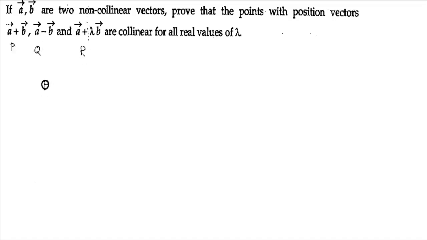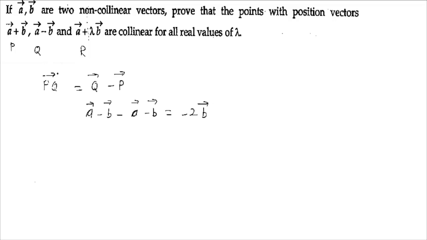What is pq vector? Pq vector is q vector minus p vector. Q vector is a minus b vector, and p vector is a plus b vector. So this is minus a vector minus b vector, which is equal to minus 2 times b vector.